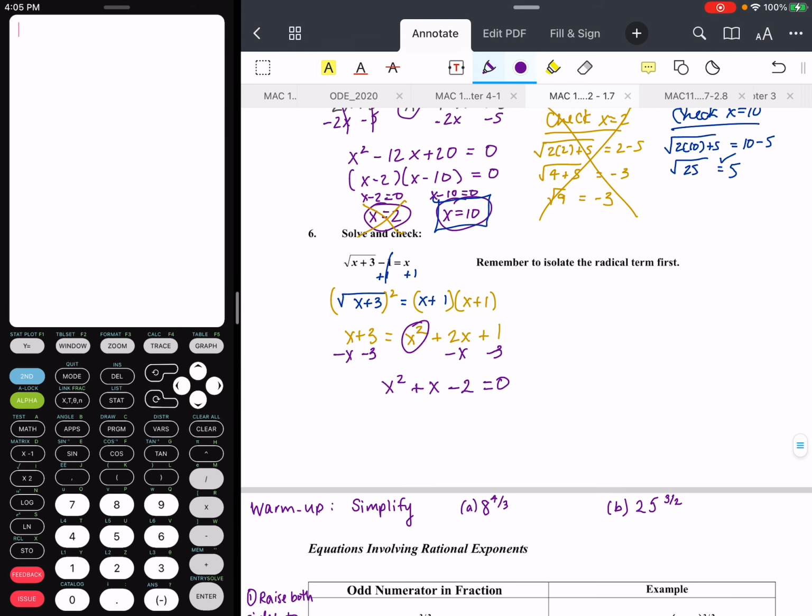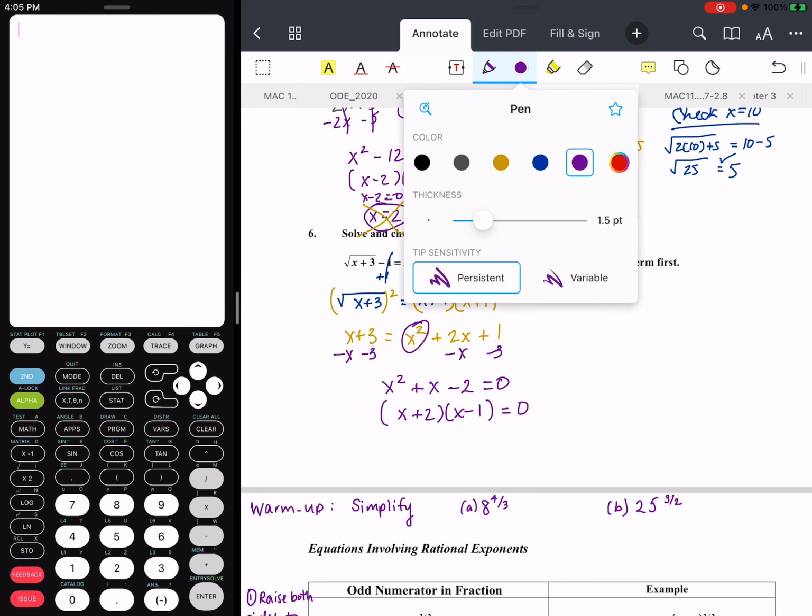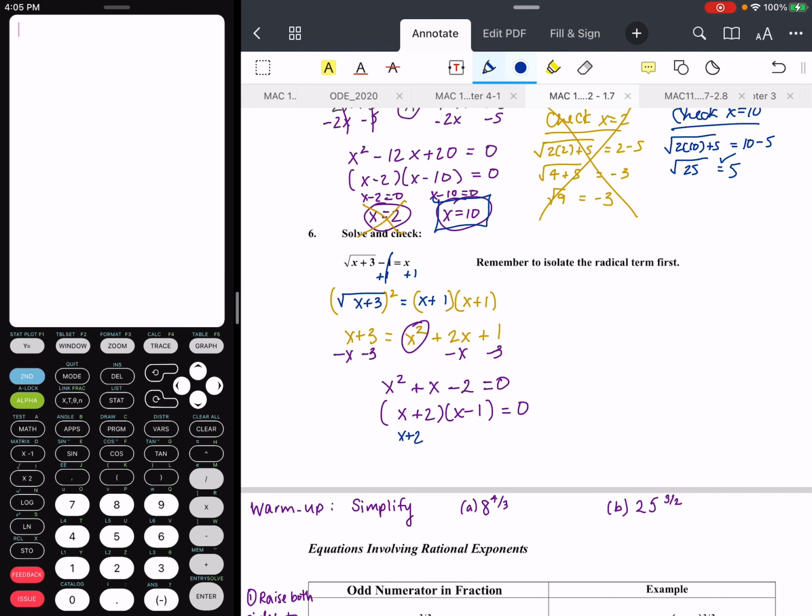And then when I factor, x plus 2 times x minus 1 equals 0. Set each factor equal to 0 to get my two proposed solutions. All right, so I've got my two proposed solutions, x equals negative 2 and x equals positive 1.